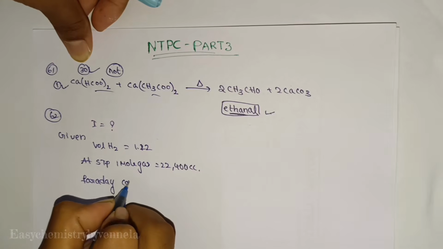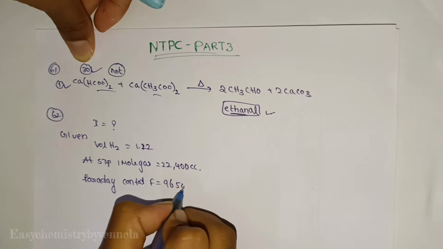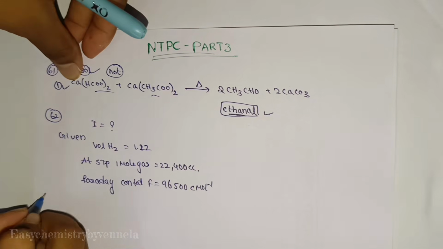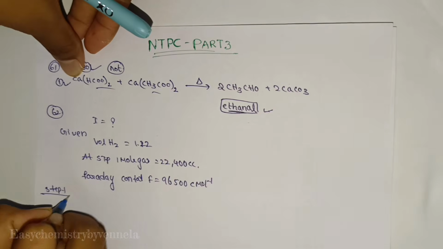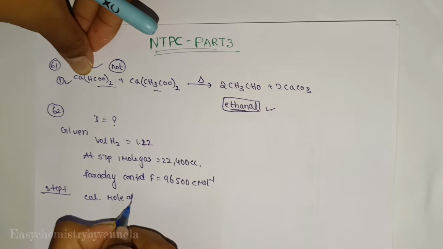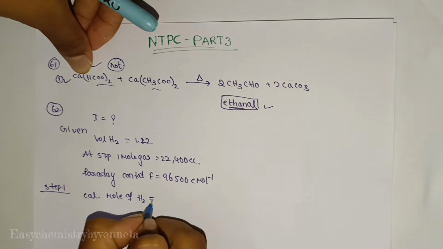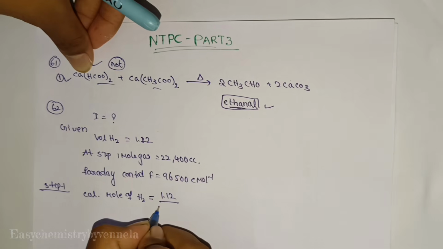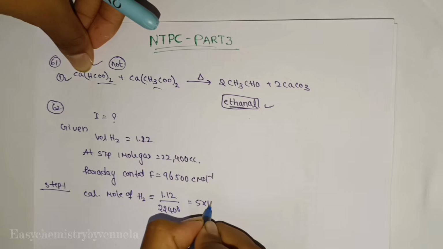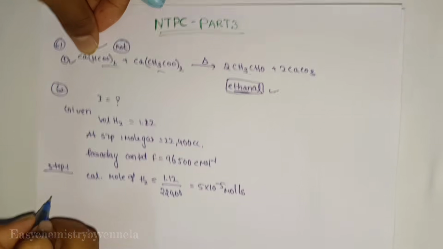Faraday constant F is equal to 96,500 per mole. Step 1: calculate moles of H2 produced per second, that is 1.12 by 22,400, which is 5 into 10 power minus 5 moles per second.